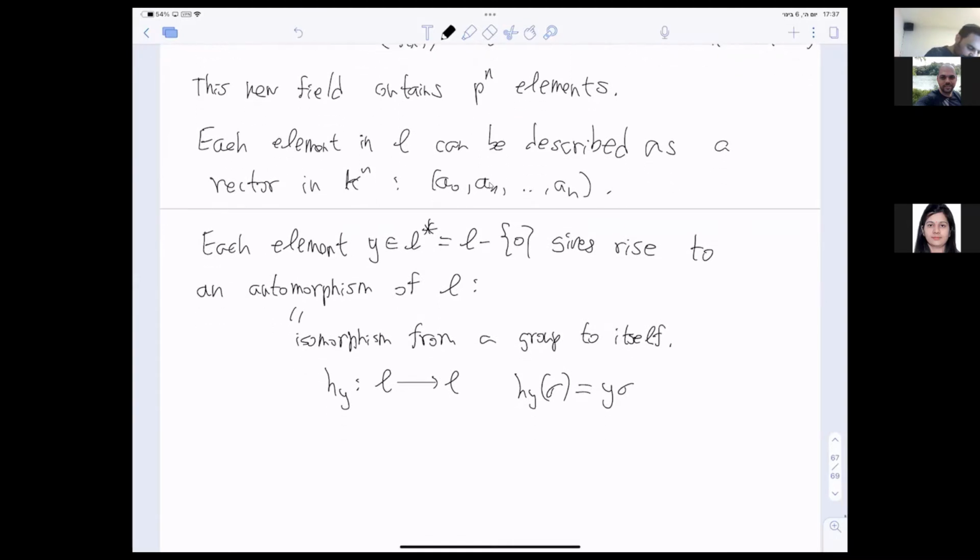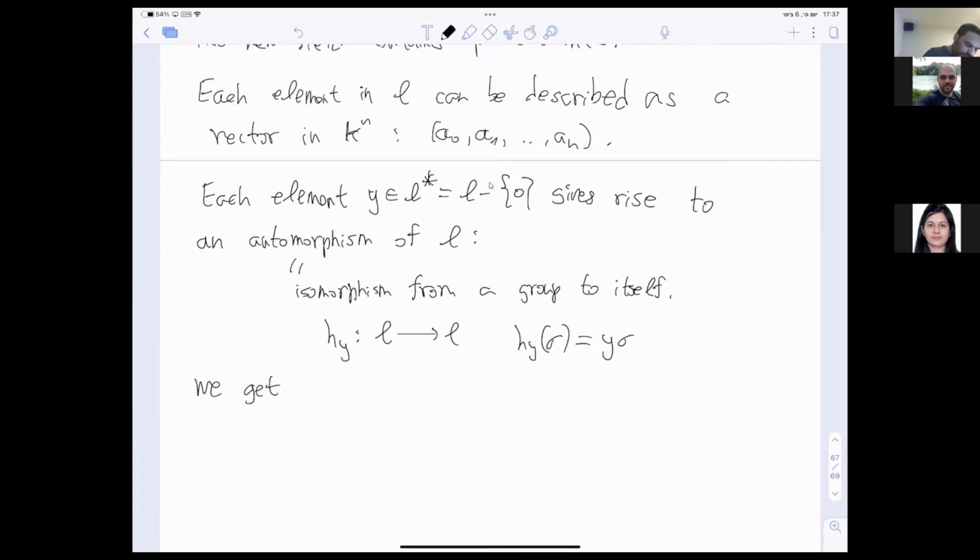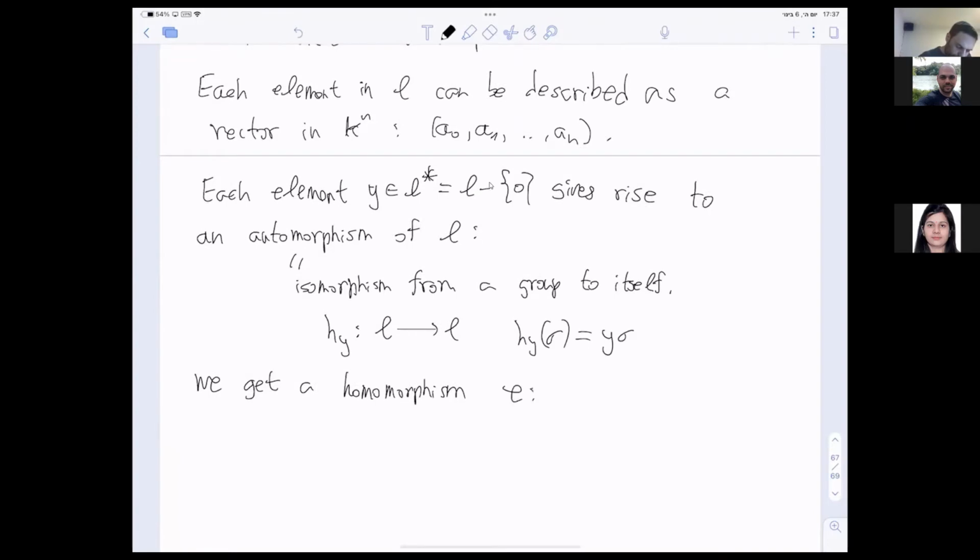So actually we get the homomorphism, let's call it phi, from L star.